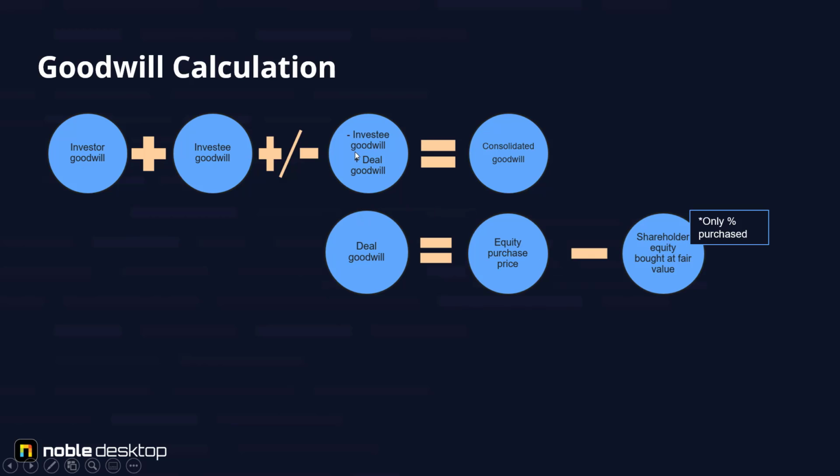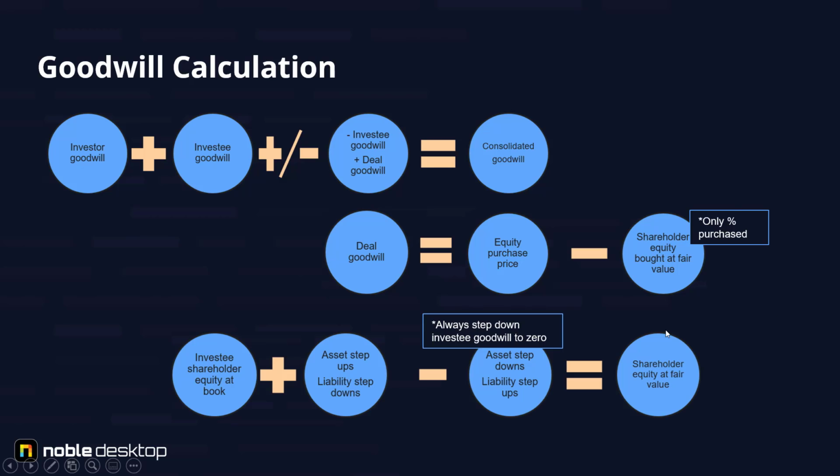When we're calculating the deal goodwill, we need to take equity purchase price of the investee and subtract shareholders' equity bought at fair value. And here it has to be only a proportion that has been purchased in terms of percentage.